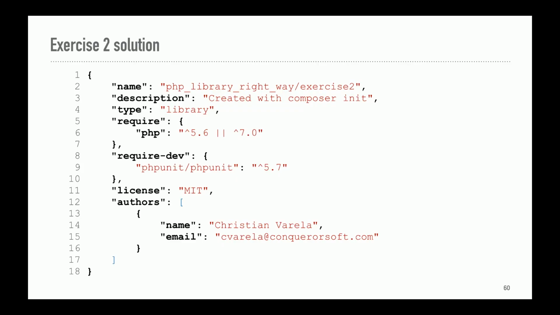And there is another option: if you already have a composer JSON file and you want another library which is not currently part of your project, you could use composer require. For example, composer require, and in this case you could put PHPUnit and the version, and composer is going to look for that library, get it, install it, and then update your composer lock file.